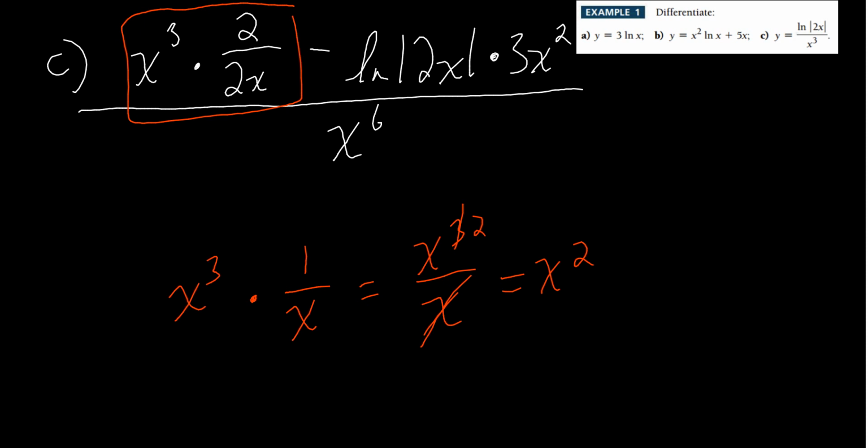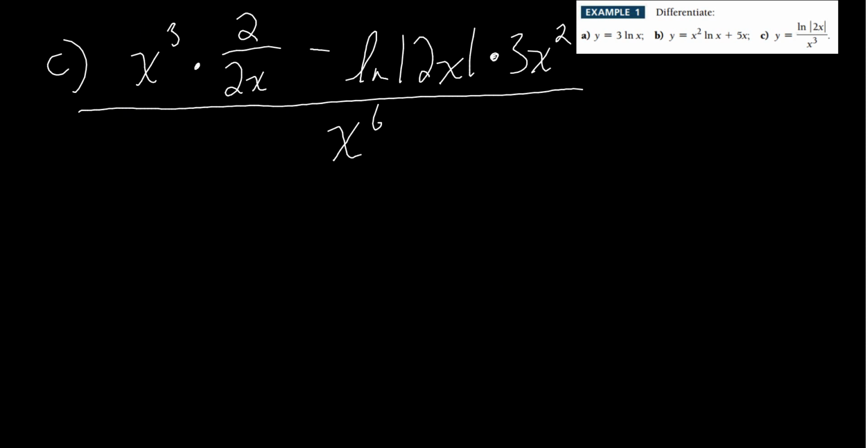I guess I can just do back. So I've got x squared and then minus, and then we're just going to clean up this part here. We're going to put the 3x squared first, so we're going to say 3x squared.